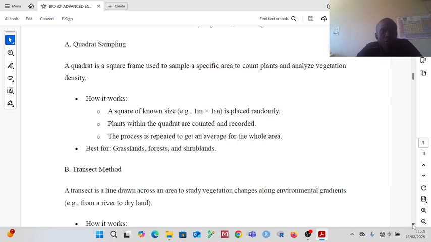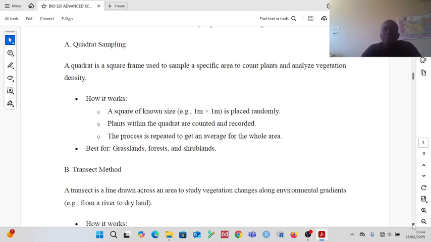Quadrat sampling employs a quadrat. A quadrat is a square frame which is used to sample a specific area. Within that square frame, you count the number of plants and analyze the vegetation density. How this works is that you have a square of known dimensions, maybe 1 meter by 1 meter or 2 meters by 2 meters, which you place randomly in the field.